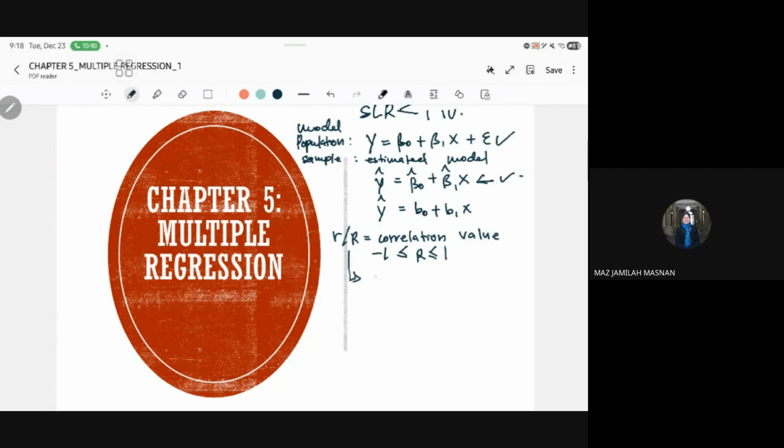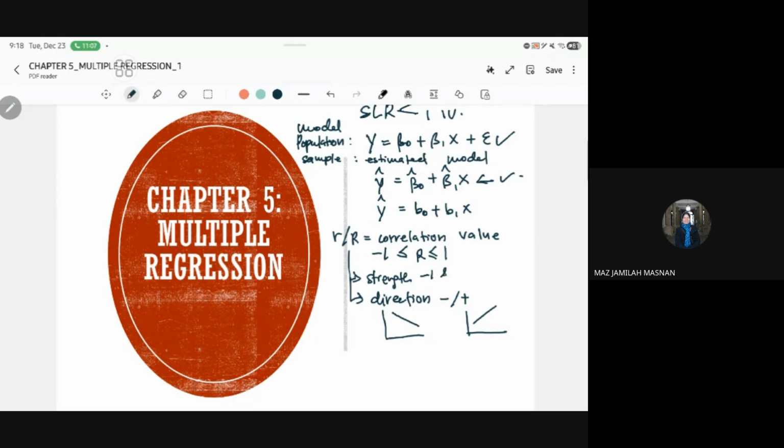R tells you the strength and the direction. So direction either negative or positive. If negative, you have this equation, or the scatter plot will look like this one, or positive, you will have this one.